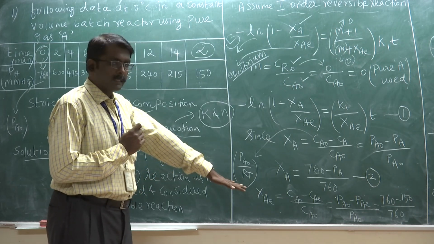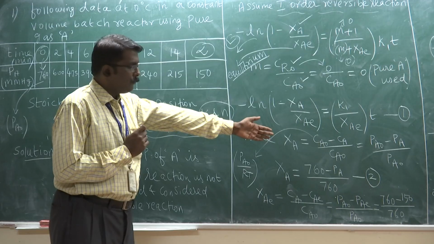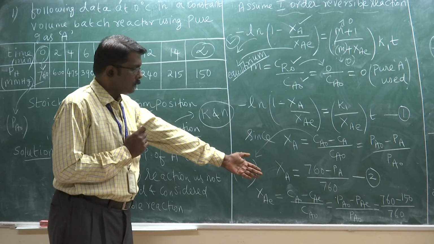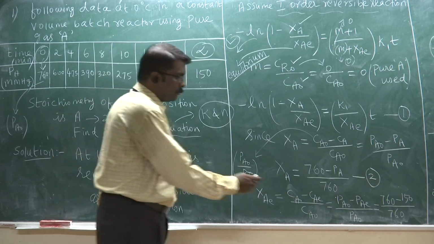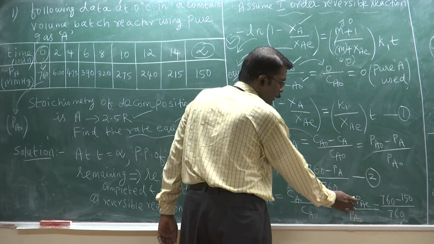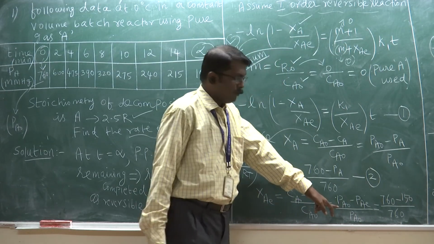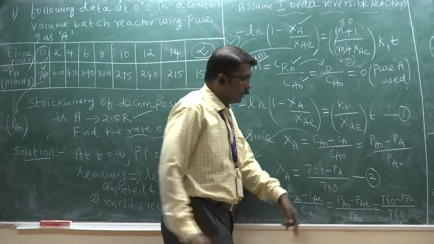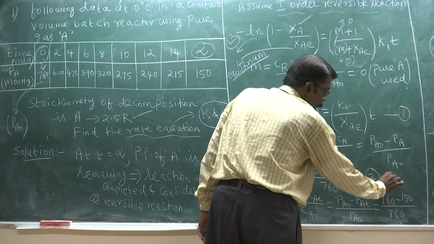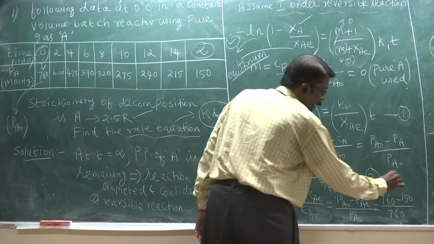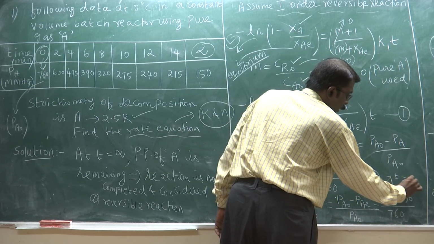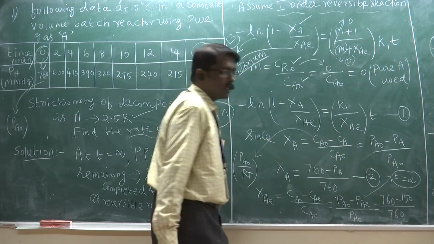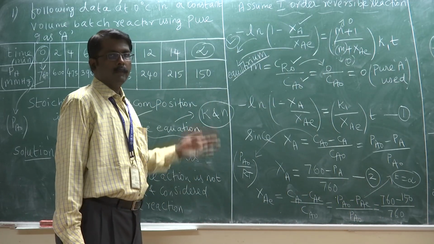Like that, how to find Xae? Xae is given by a similar formula: (Ca0 minus Ca) divided by Ca0, and in terms of pressure, (Pa0 minus Pa) divided by Pa0. Here Pa0 is the value at time t equal to 0, and Pae is the partial pressure at t equal to infinity, which is also given in the table.